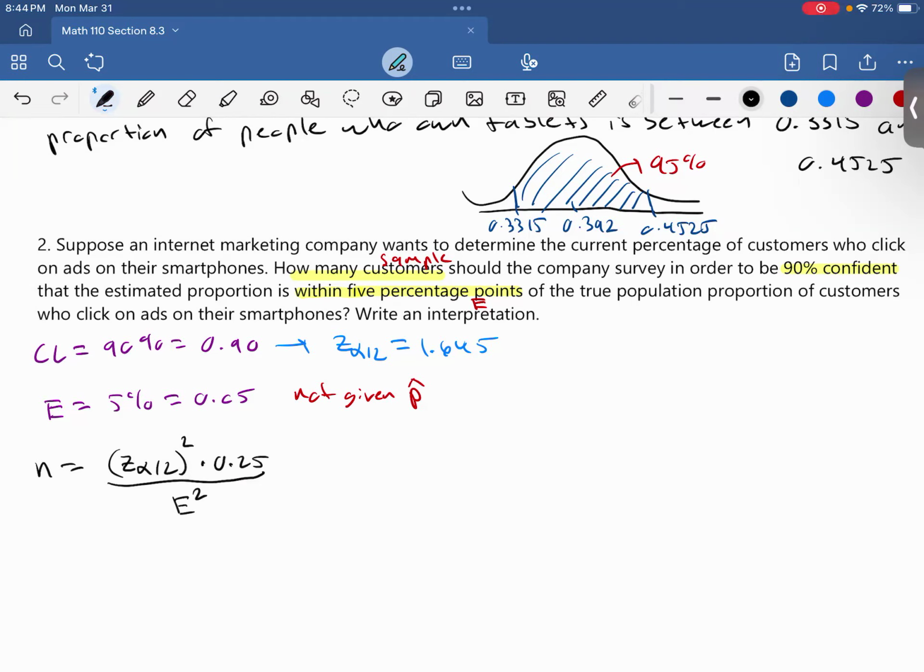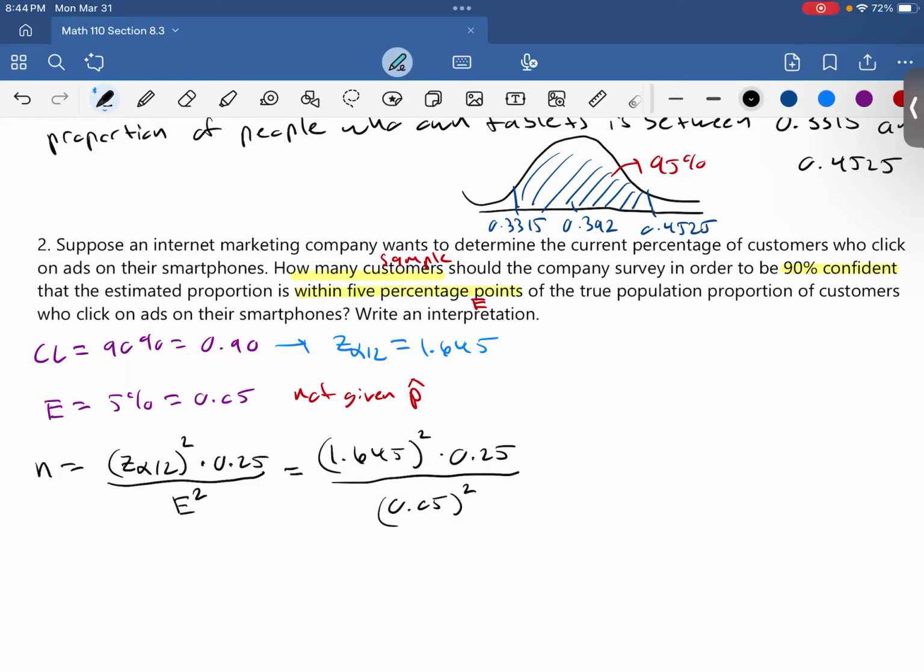Let's go ahead and put in our values that were given. So 1.645 squared times 0.25 all over 0.05 squared.